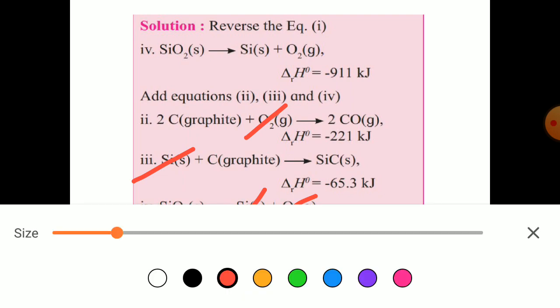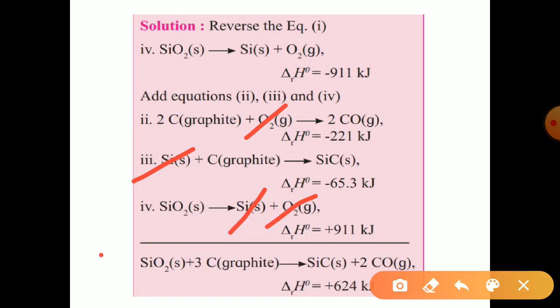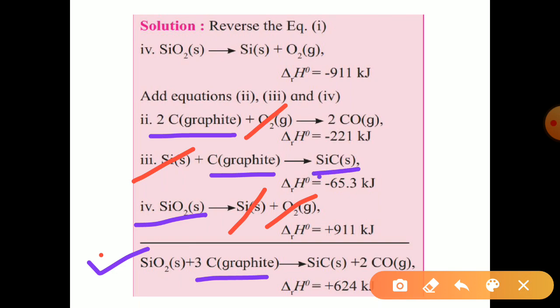Now what is left here? 1 mole of SiO2, 2 graphite and 1 graphite, so 3 graphite after adding. On the right hand side 1 mole of silicon carbide is left, and 2 moles of carbon monoxide.